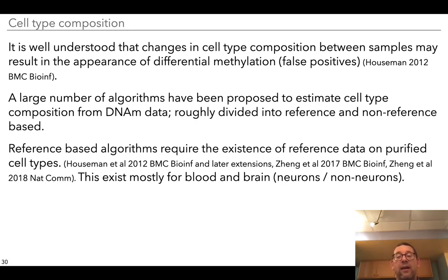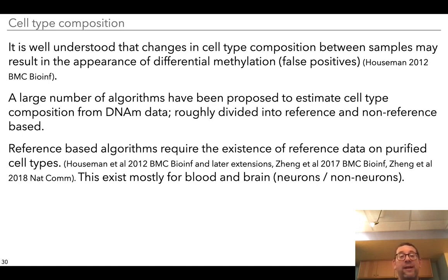A reference-based algorithm means that we are using a reference panel of samples or sorted, purified cell types that have been assayed, so we know what the reference level of the methylation landscape should look like in the different cell types. A non-reference-based method basically doesn't use a reference.